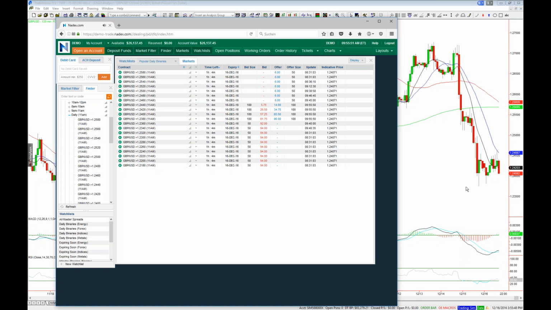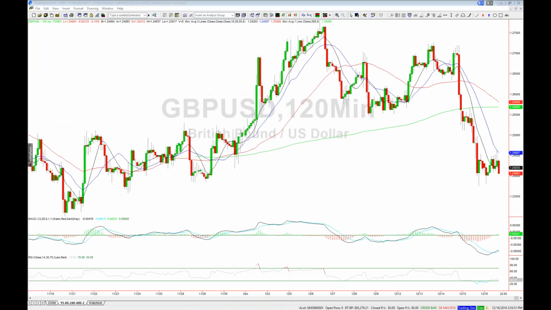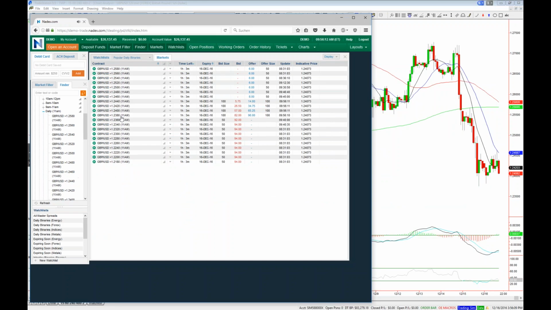Yeah, I think that we might be seeing a pullback here back to those lows of about maybe 123. Let's just see. Let's say 123.9. All right, let's pick this one here.